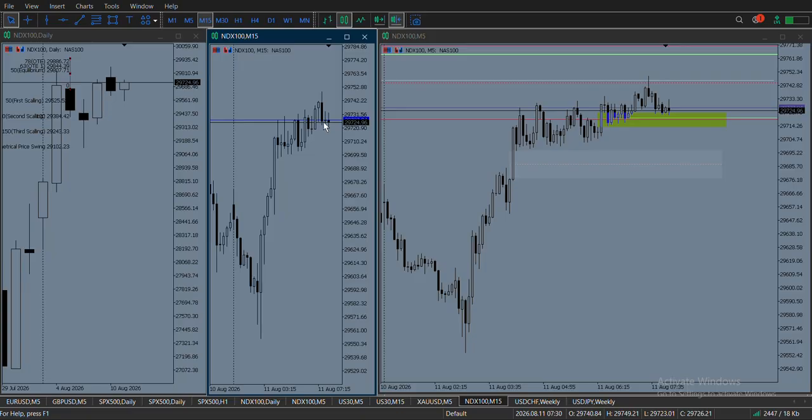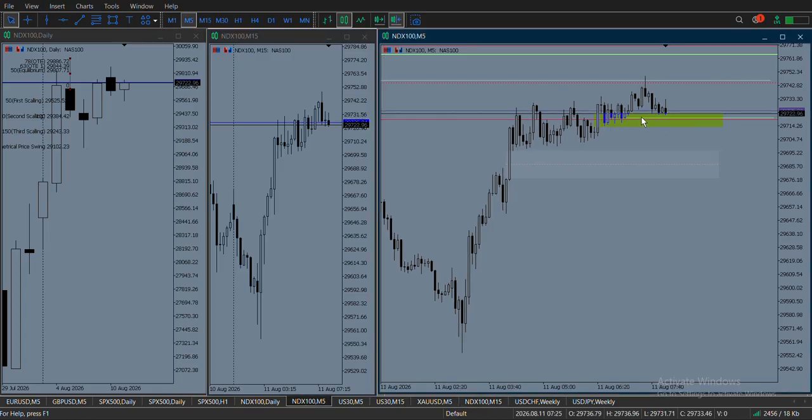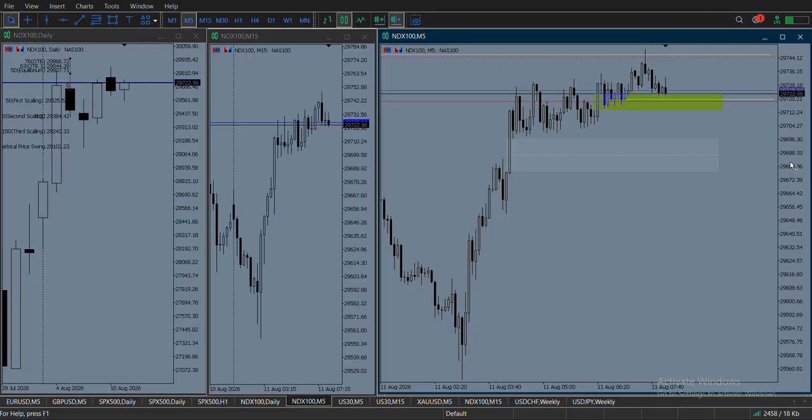Now we have this decline here again, and I can expect higher prices still. So I've talked about how price does not really have an interest to trade that inefficiency, but we're gonna wait for it now that it's trading lower.